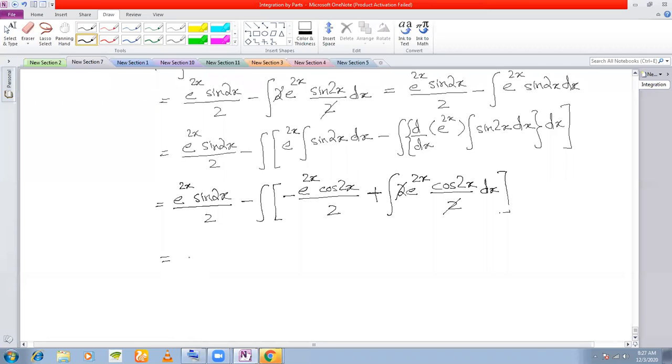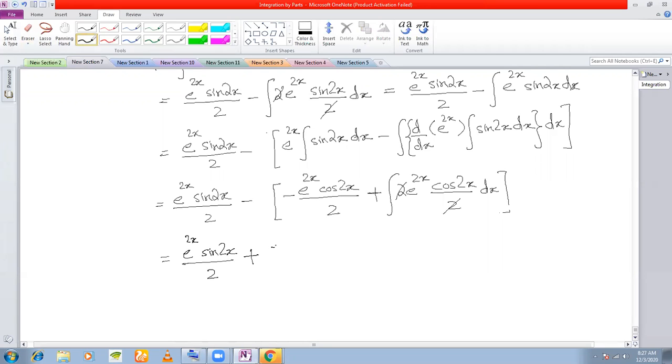So now if you open this integral, why have I written it here? No need to write. Okay. So now if I open the brackets, e to the power of 2x sin 2x by 2, minus and minus become plus.